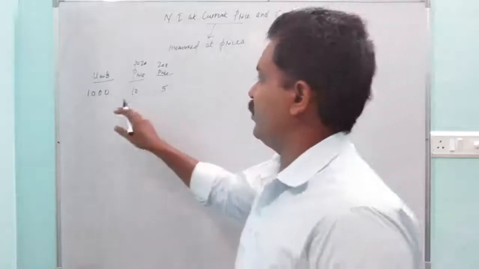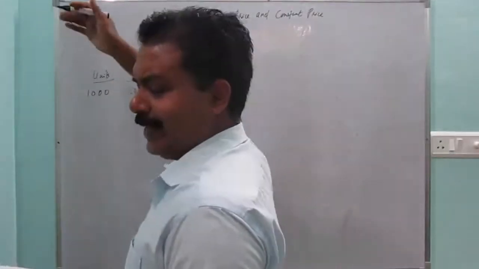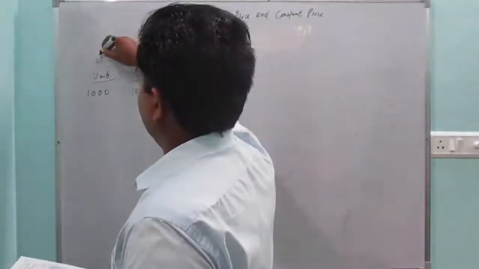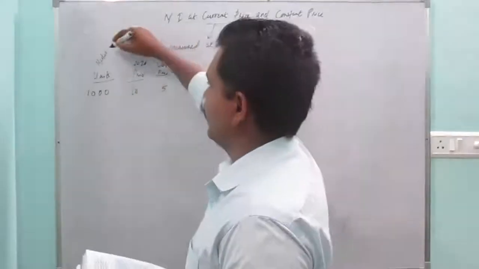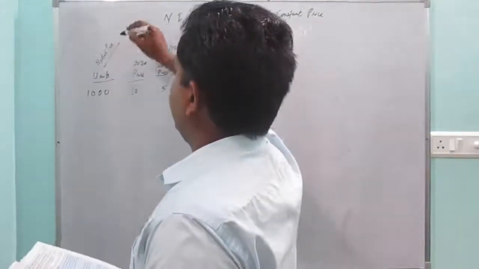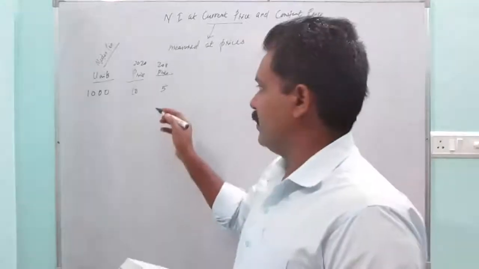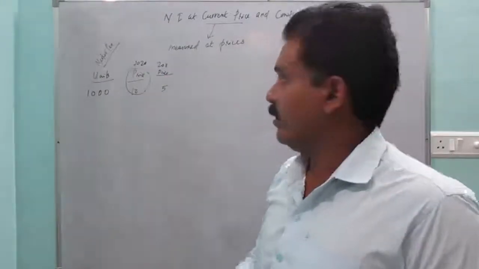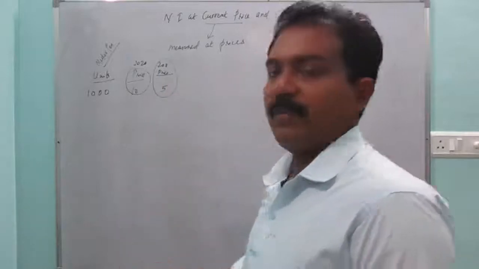Take any commodity, for example this marker pen. In 2020, this year, the price of this commodity is 10 rupees. However, in 2011 the price was 5.